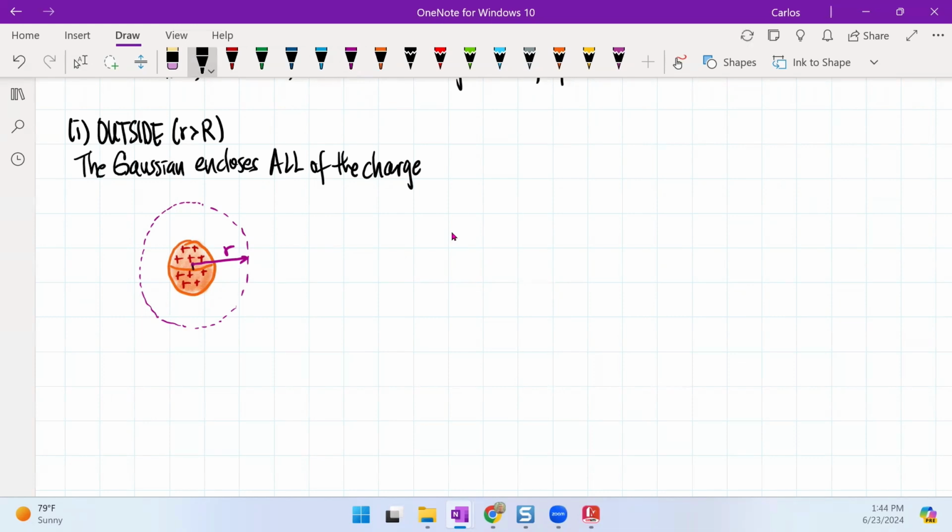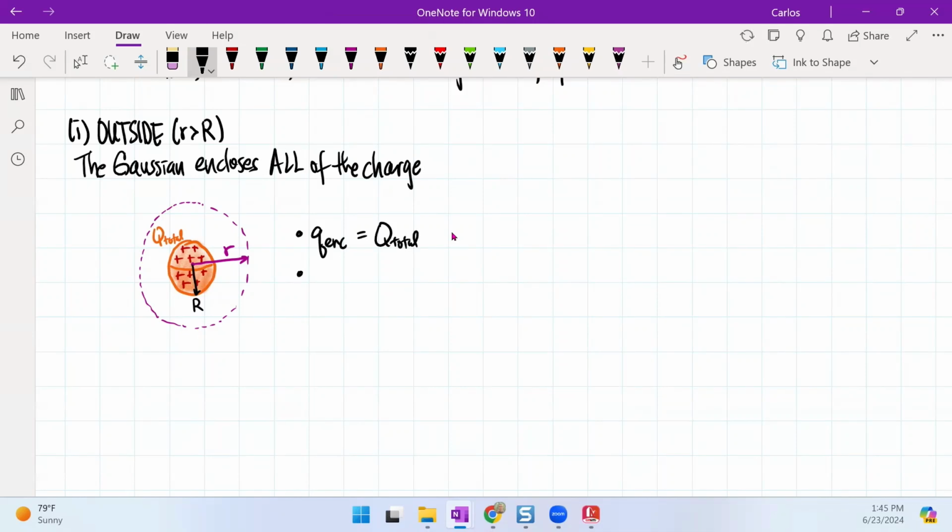And this guy right here is the radius of the sphere. So if this guy has a total charge of Q total, then it's obvious that Q enclosed must be Q total.